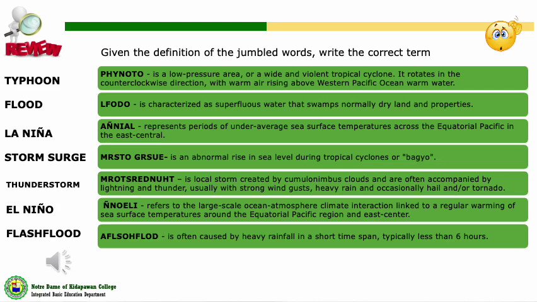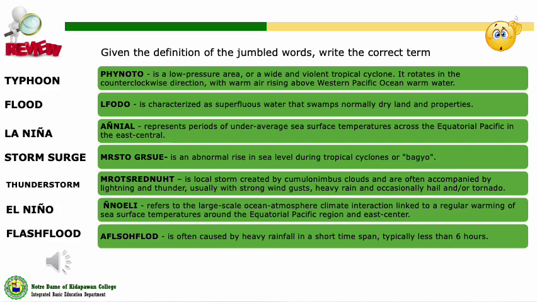Then we have ENYE NOELI, which refers to the large-scale ocean-atmosphere climate interaction linked to the regular warming of the sea surface temperature around the equatorial Pacific region and East Central. Okay, so the correct answer is El Nino.